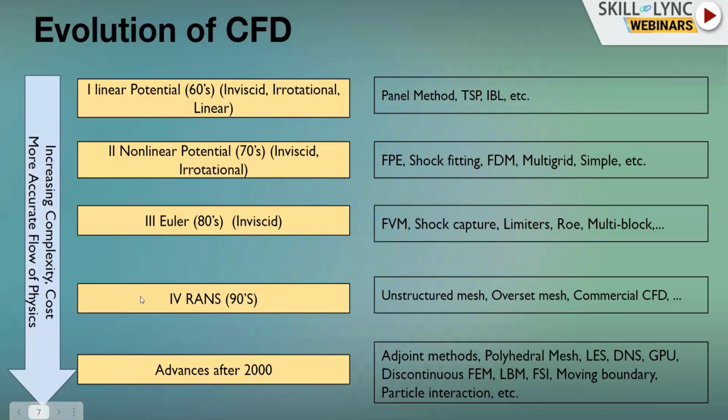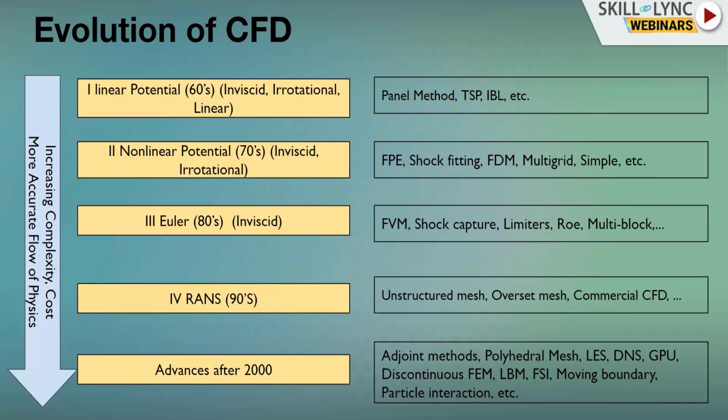So yeah, okay. The first one is the 60s. People tried to solve the linear potential equations based on the computational resources available. Potential means inviscid, irrotational equations. What are those methods typically?